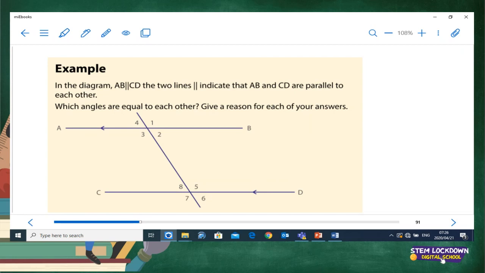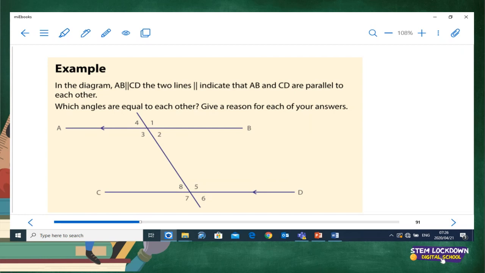It doesn't end there. We also have another group or category of vertically opposite angles in the bottom line, CD, which is also cut by a transversal. If you look at angle 5 and angle 7, you will be able to see that the two angles are vertically opposite angles.